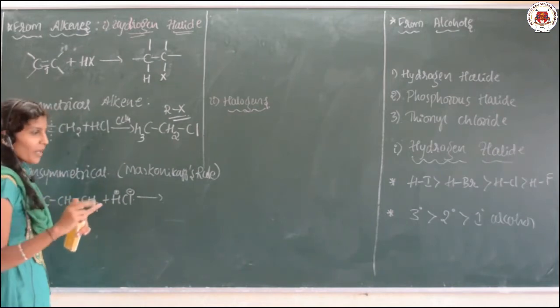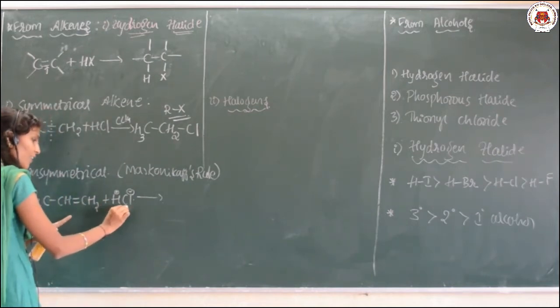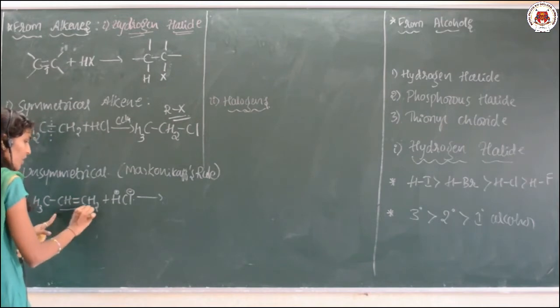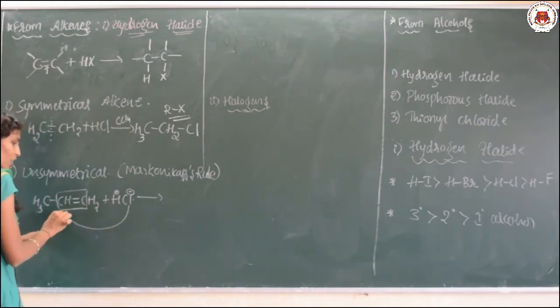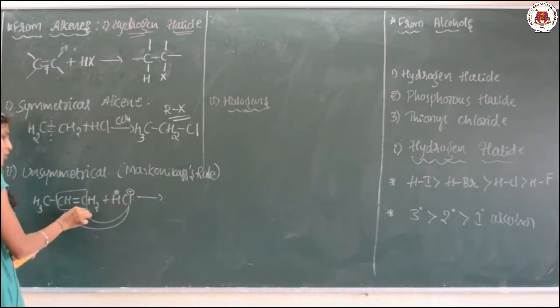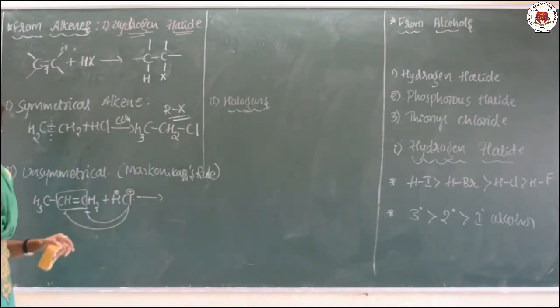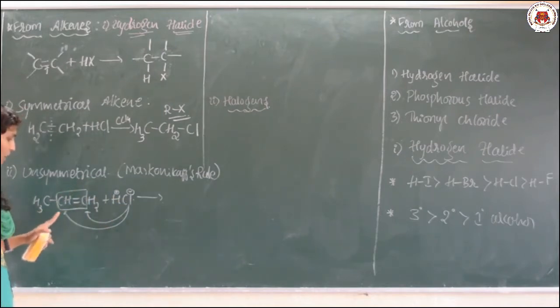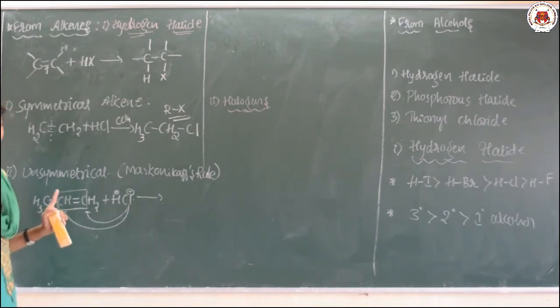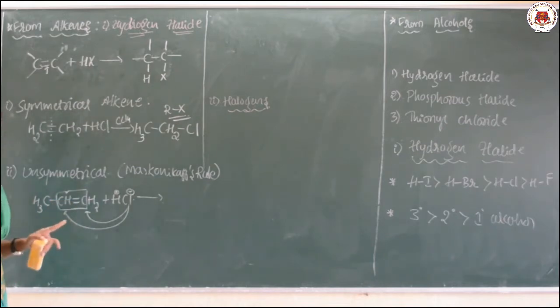The negative part of the adding molecule should attach to a doubly bonded carbon. These are the two doubly bonded carbons. This part must be attached either to this carbon or to this carbon. But according to Markovnikov's rule, the negative part of the adding molecule will attach to the carbon which has the least number of hydrogens. It means this one has the least number of hydrogens.